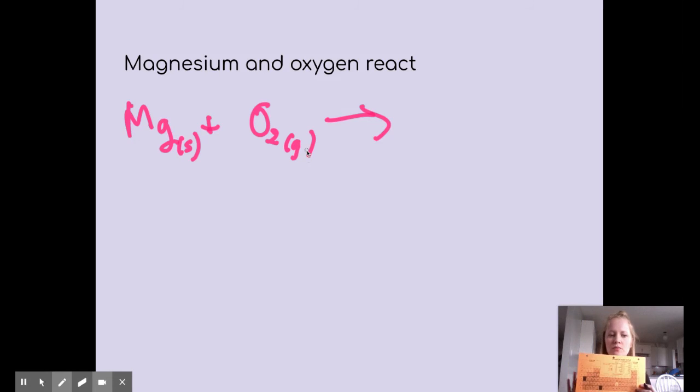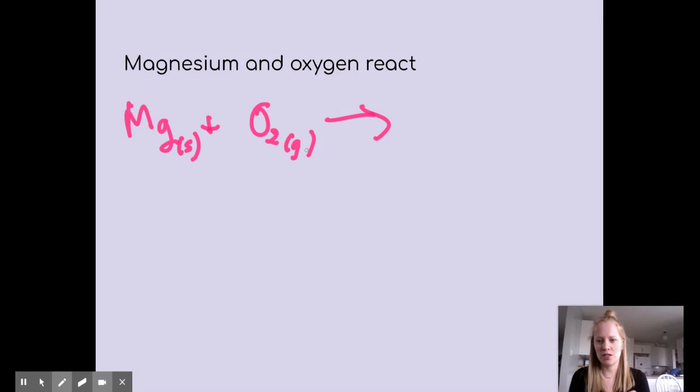Now, careful. This has oxygen present, so sometimes I get people tell me this is a combustion reaction. It's not, and that's because there's no hydrocarbon present, okay? So a combustion only happens when oxygen is present, aka oxygen is burnt or something is burnt.